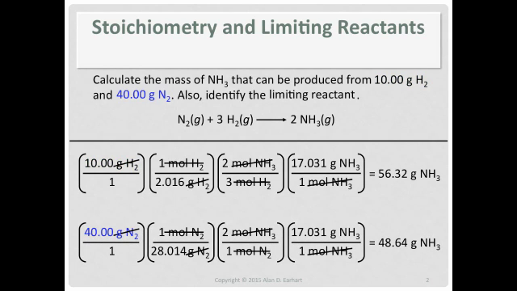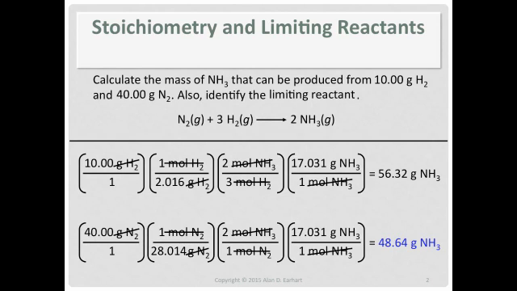Then we flip the calculation around. We take the mass of the other reactant, the N2, and pretend we have an excess of H2. And we calculate the mass of ammonia that can be produced. Then we look at the answers and we see that 40 grams of N2 can make 48.64 grams of ammonia. 10 grams of H2 can make 56 grams of ammonia.